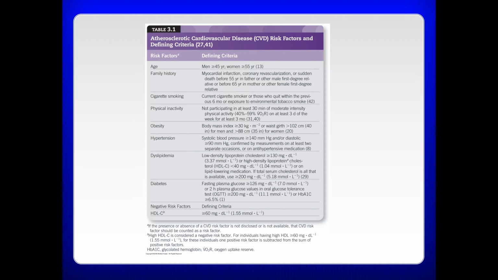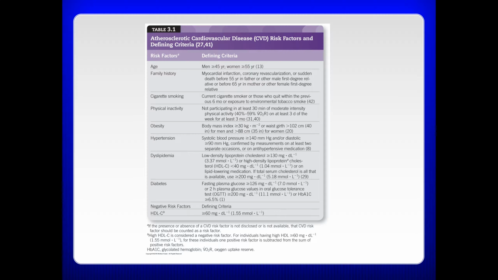Diabetes, which is a fasting blood glucose over 126 after an overnight fast, or if they've done an oral glucose tolerance test with a result over 200. So they drink a syrupy drink, and then they measure the blood glucose at regular increments.